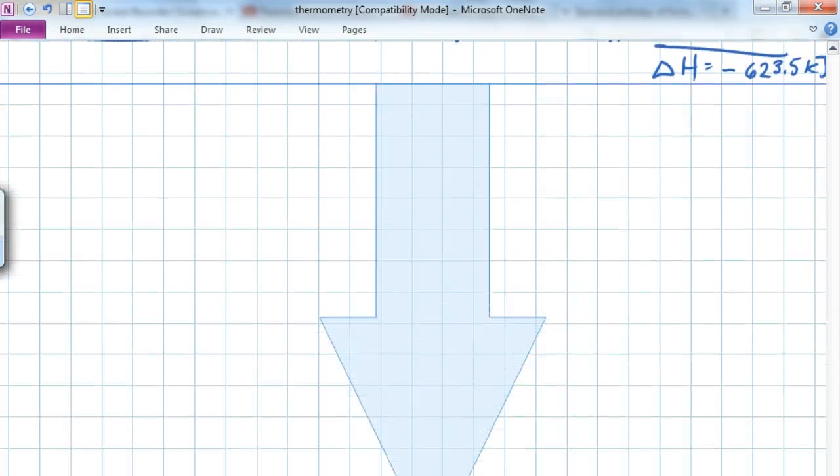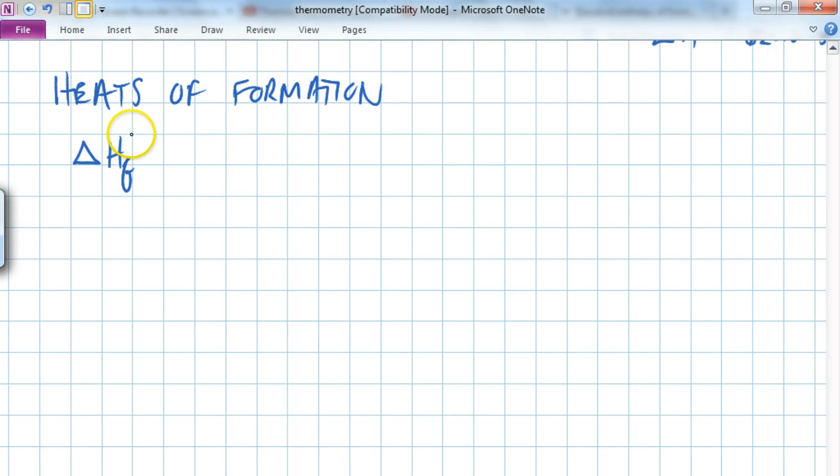Now, the next topic is very important, and that is heats of formation. Now, the heat of formation is really based on Hess's law, and I'll mention a little bit more about that in a minute. The symbol for the heat of formation is delta H subscript F with a little naught symbol there, which means standard conditions.